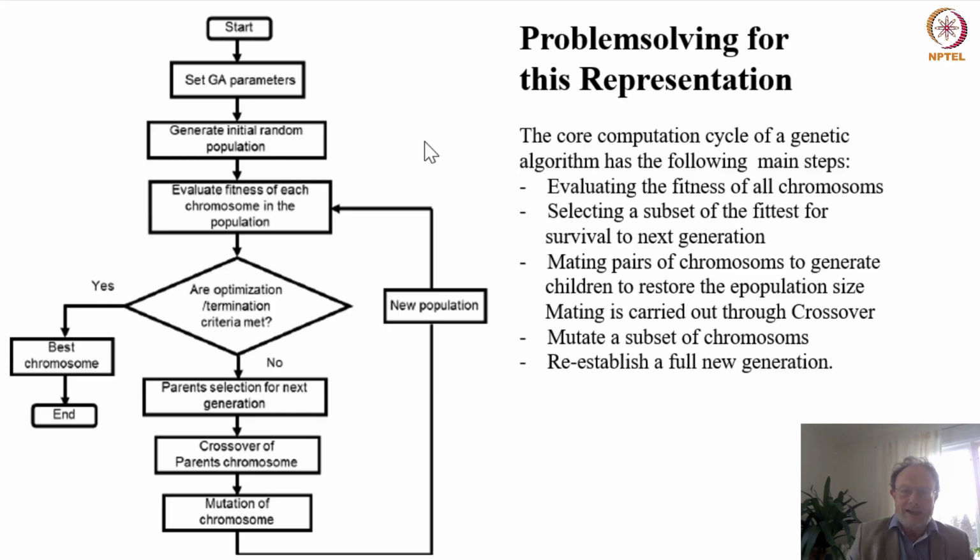This mating is typically carried out through a process called crossover, which I will describe a little later. After that, one also allows a step where the new set of data items or chromosomes can be randomly mutated. When that takes place, we have a new generation, and then new cycles follow.